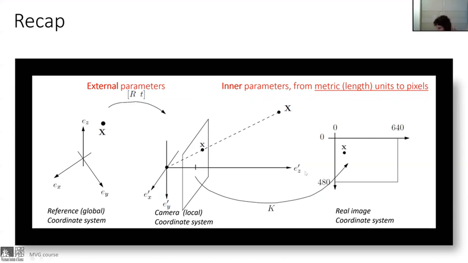The number of pixels is finite. So how can we map the image plane, which is infinite, to a finite real image with a linear mapping?